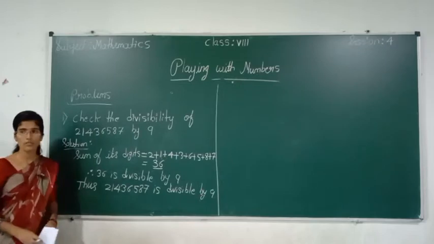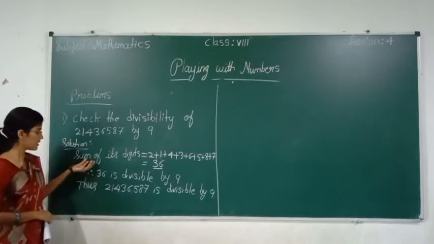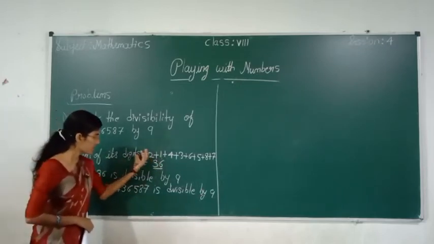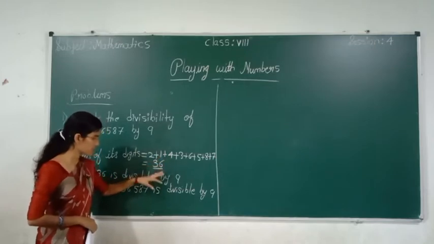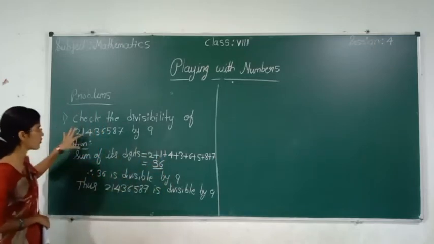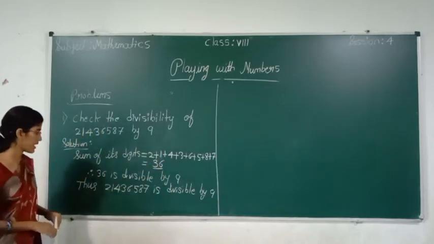What can we tell here? If the sum of its digits is divisible by 9, then the whole number is divisible by 9.